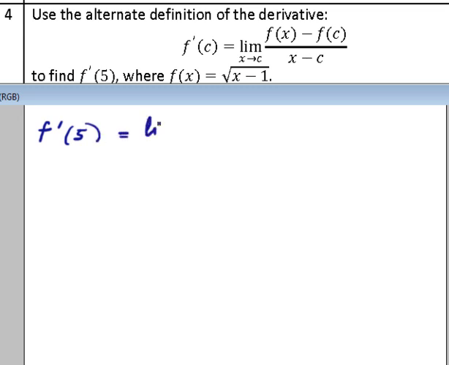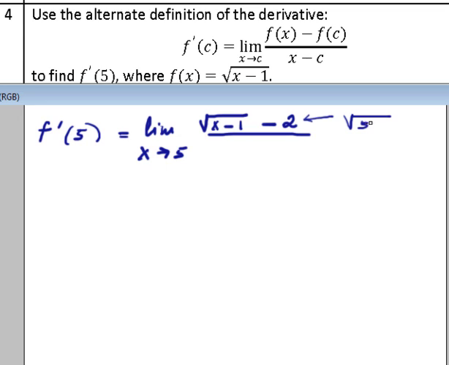So that's the limit as x goes to 5 of f of x, this is f of x, minus f of c, that's this function with x replaced with 5. That's the square root of 5 minus 1, or the square root of 4, or 2. So this is 2. Okay, so this came from the square root of 5 minus 1. Remember, c is 5. Over x minus c, that's x minus 5.